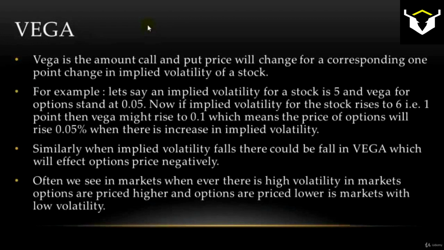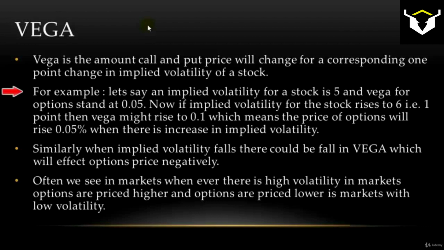Our next important Greek is Vega. Vega is the amount call and put prices will change for a corresponding 1 point change in the implied volatility of a stock. So this is also an important option Greek that you need to be aware of. But it is a bit sophisticated, as Vega is calculated on implied volatility and not directly from the option price.